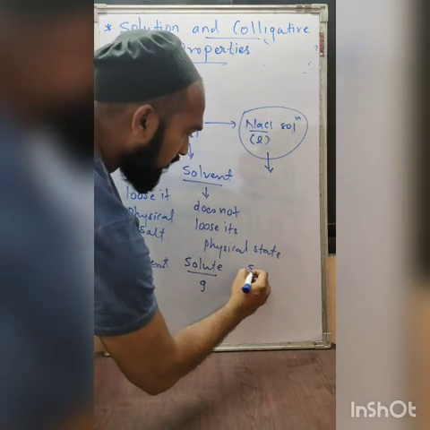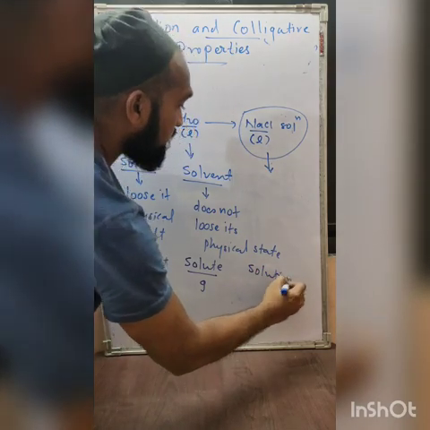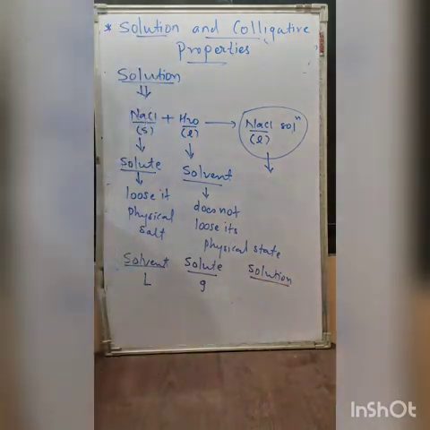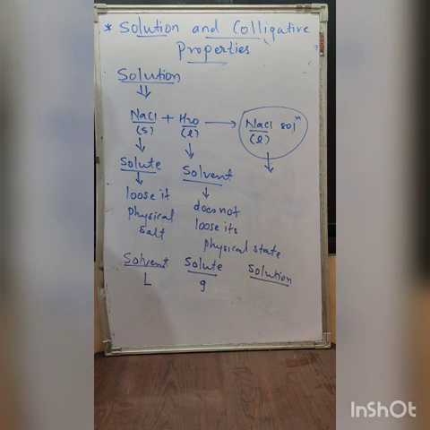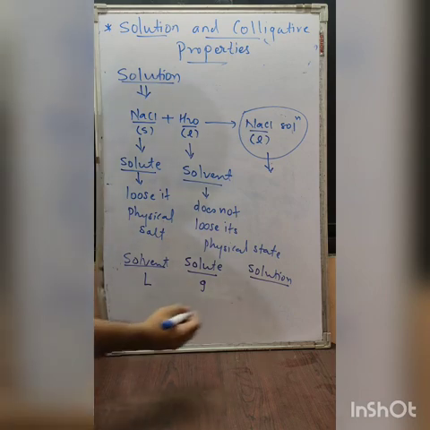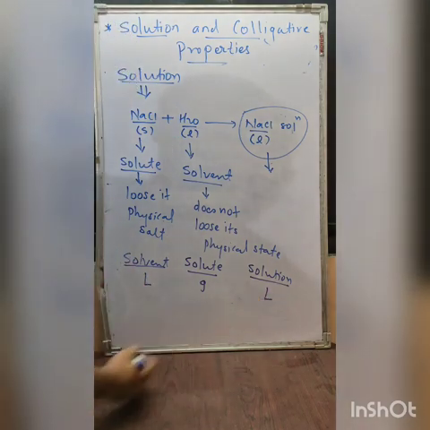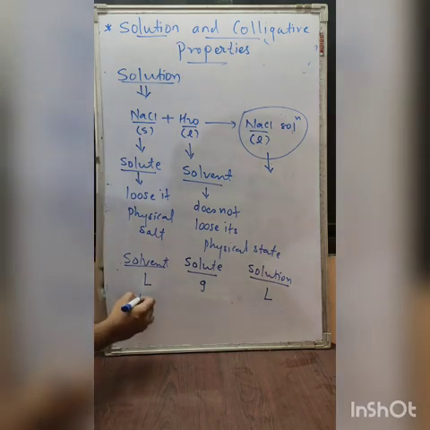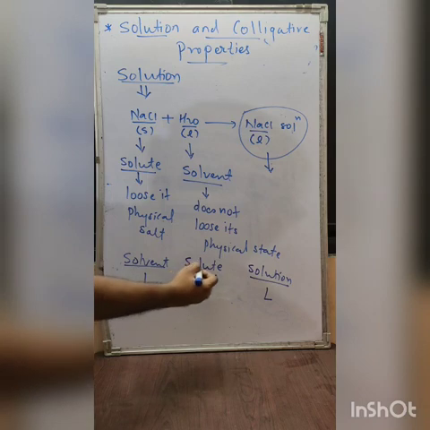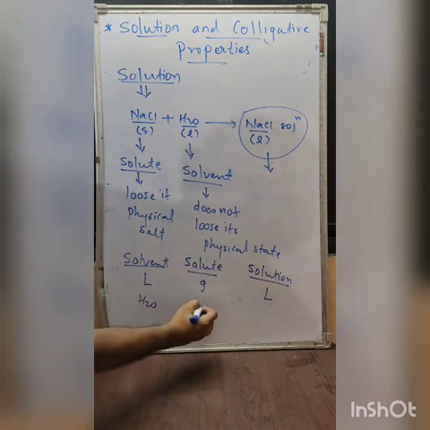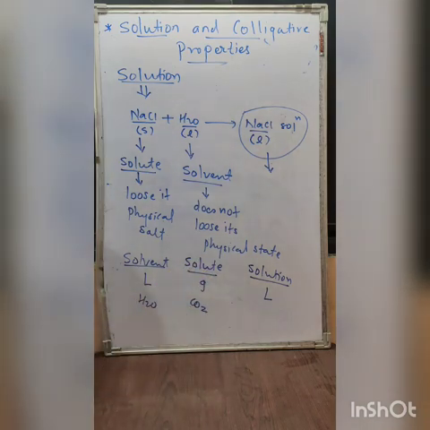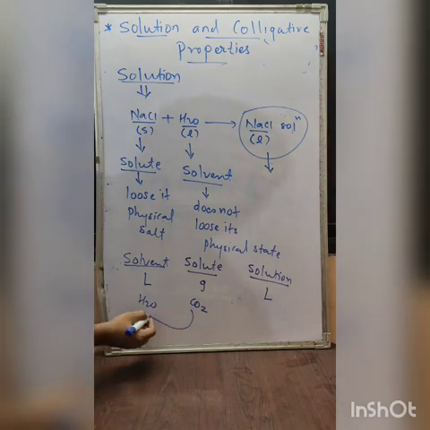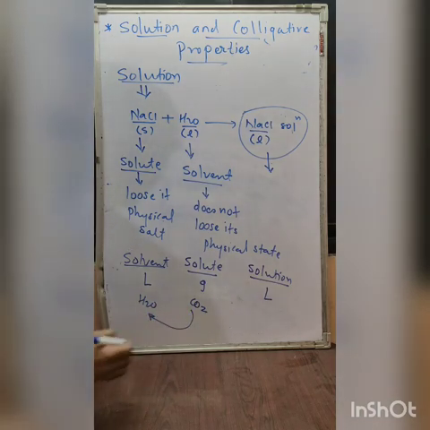So tell me, the solution will form having which physical state? Yes, definitely in the form of liquid. For example, here I will take water and a solute in the form of gas, that is carbon dioxide. It will dissolve into the water and form a solution.